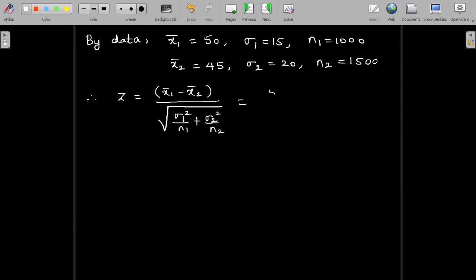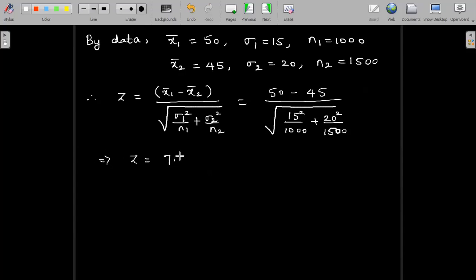Substituting all the values, it is 50 minus 45, the whole divided by square root of 15 square divided by 1,000 plus 20 square divided by 1,500. So evaluation gives us Z is equal to approximately 7.13, which is obviously greater than both the levels of significance.